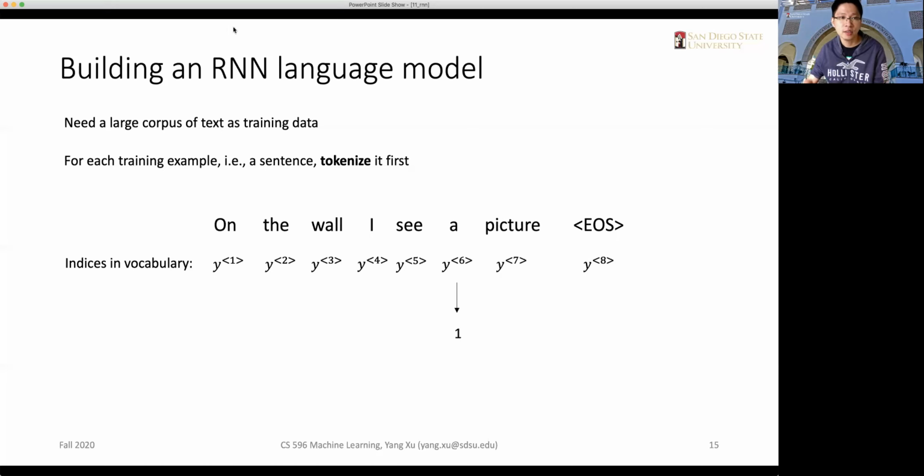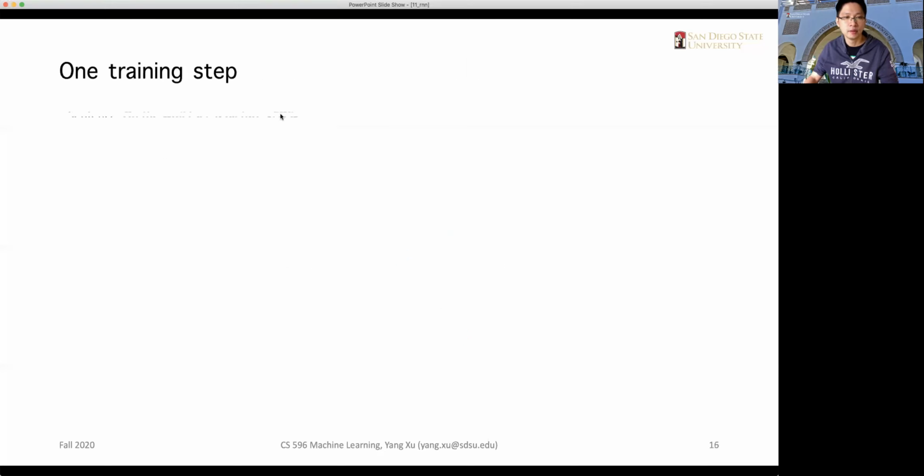In this case, we have the article A, and articles are usually the most frequent words in the corpus. So we just assume that this word has index 1. All the other words are associated with an integer number that indicates the index in the vocabulary. Okay, so let's look at one training step.